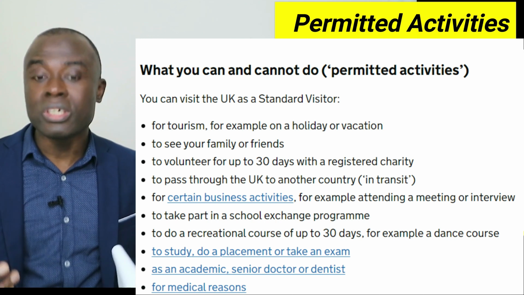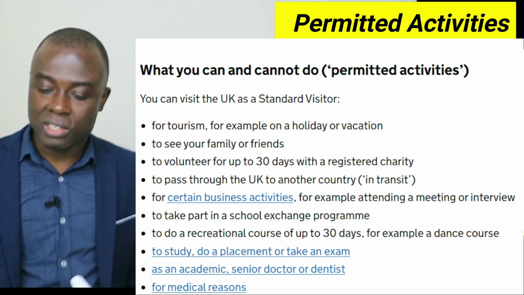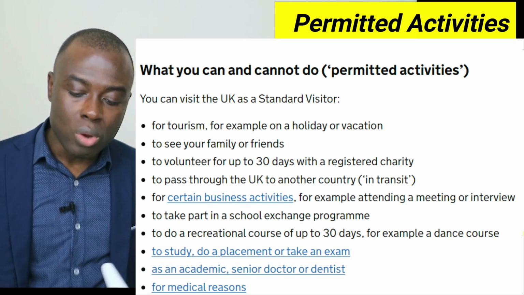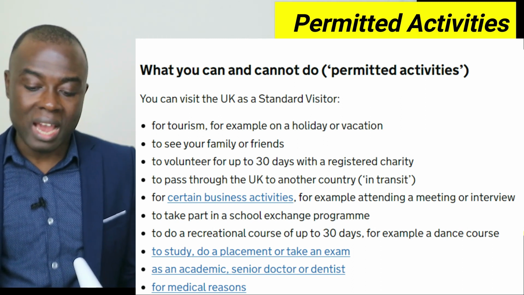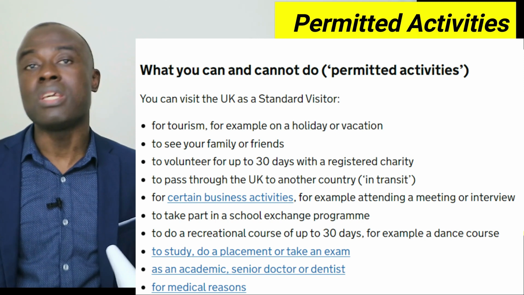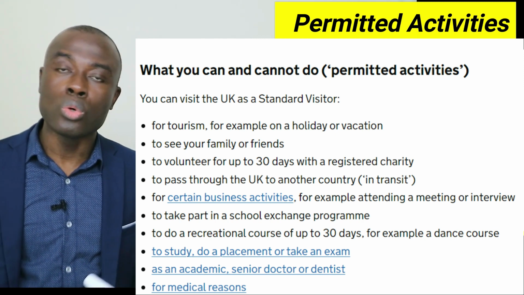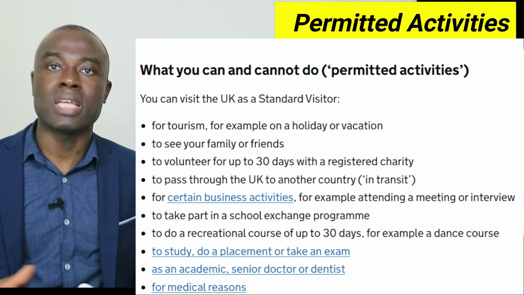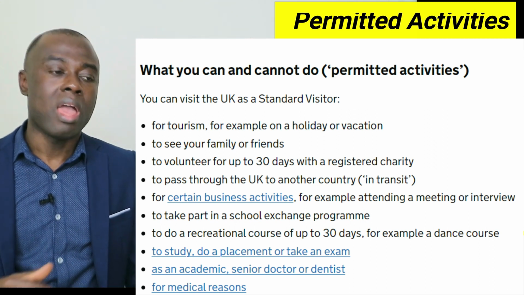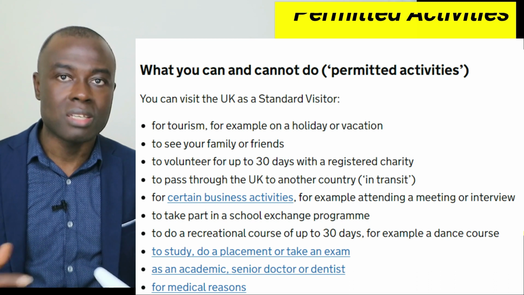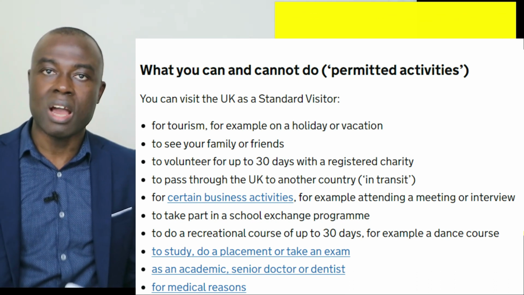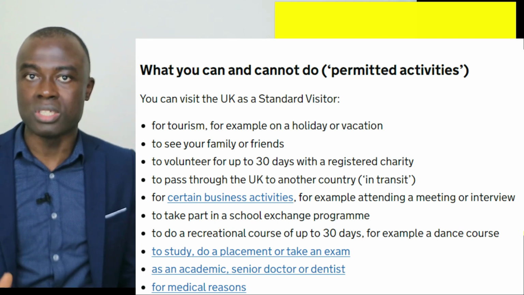To do a recreational course for up to 30 days, for example, a dance course, to study, to do a replacement, or to take an examination in the UK, and also for medical purposes, that is for a medical appointment, a surgery, a medical examination. Yes, you can apply for a Standard UK Visitors Visa when you have all these reasons.